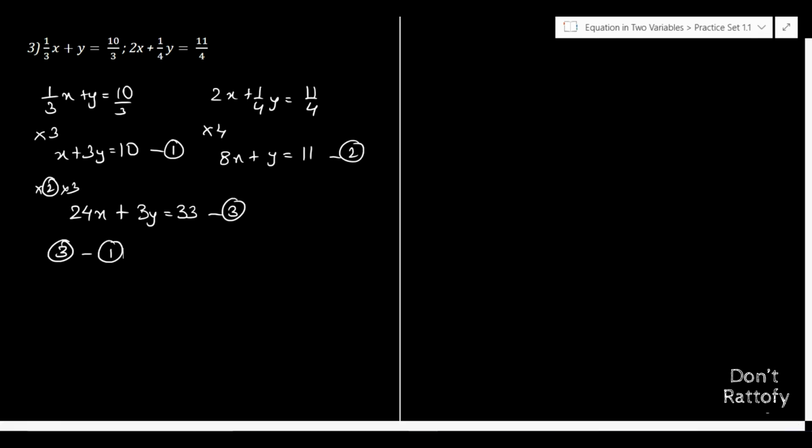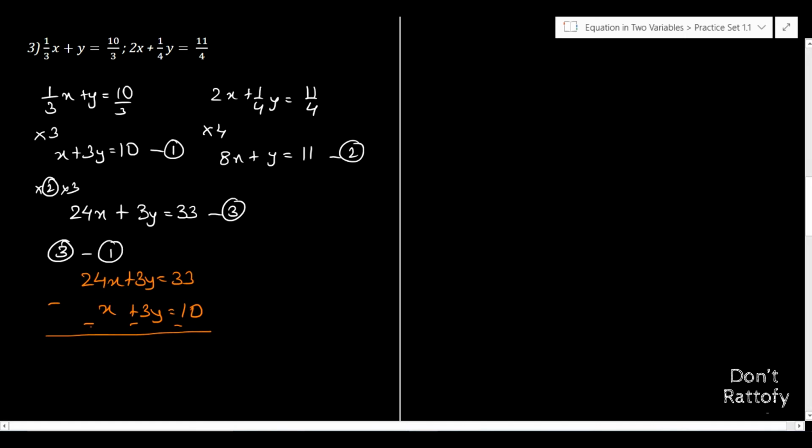So equation 3 is 24x plus 3y is equal to 33. Minus, I have x plus 3y is equal to 10. Now remember, I am doing minus, that's why the signs will change. Plus x will become minus x, plus 3y will become minus 3y, and plus 10 will become minus 10.